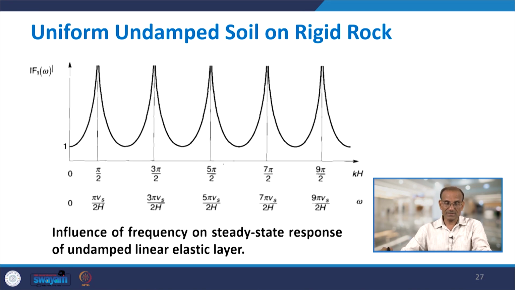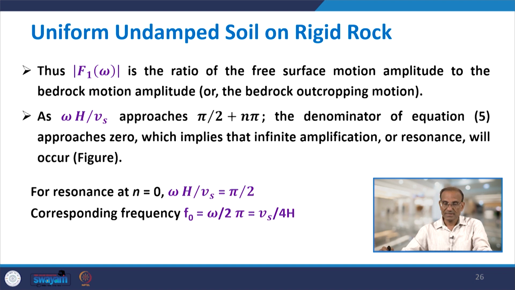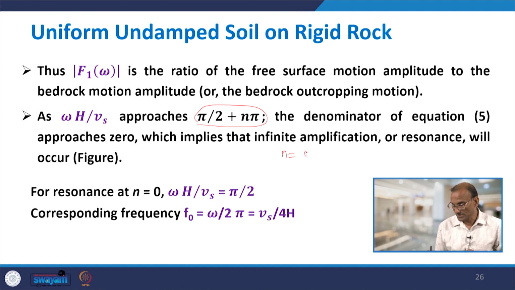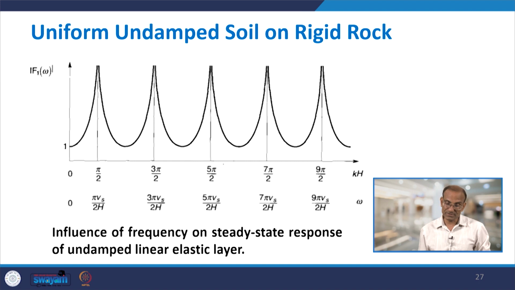So, what is the value of n here? N in this equation could be 0, 1, 2, 3 and so on, but it is an integer. So, when n is 0, you get pi by 2, when you have 1, then you get 3 pi by 2, 5 pi by 2, 7 pi by 2 and so on, it will continue.